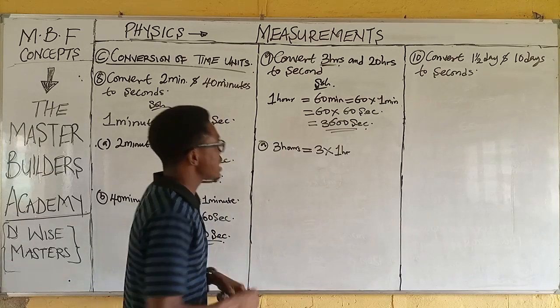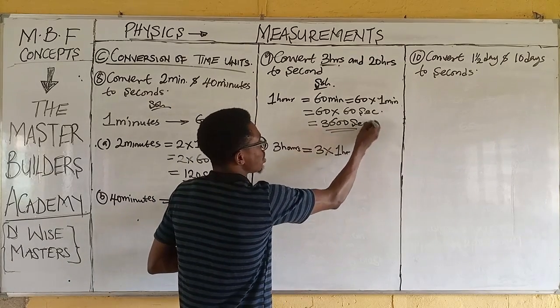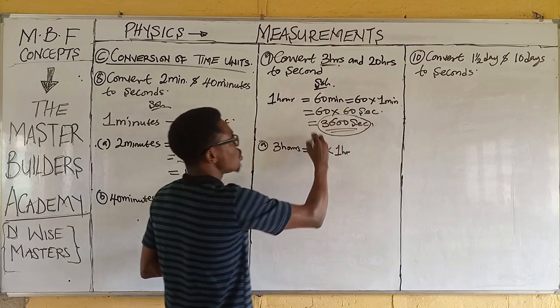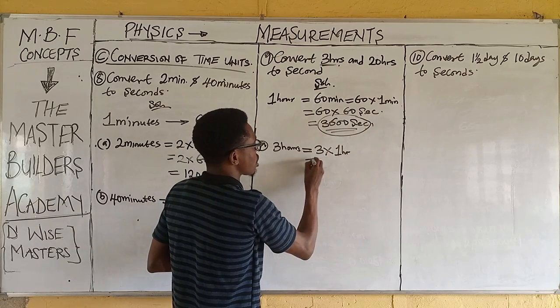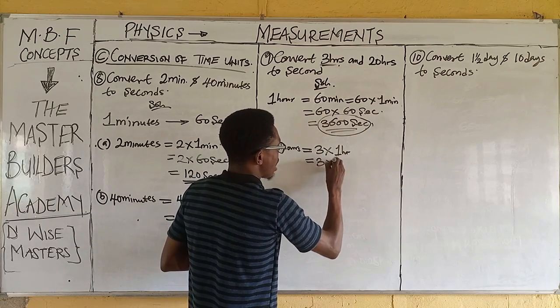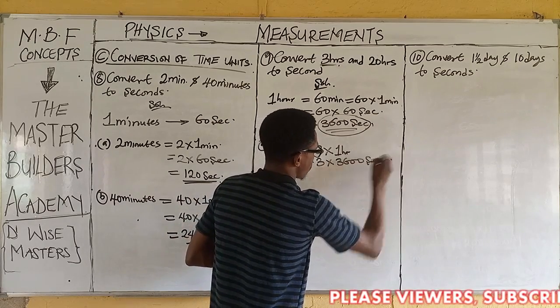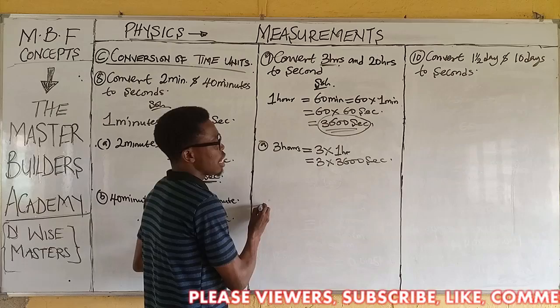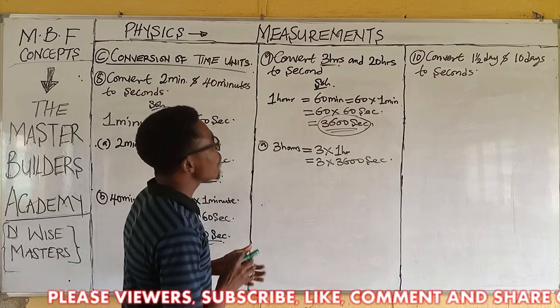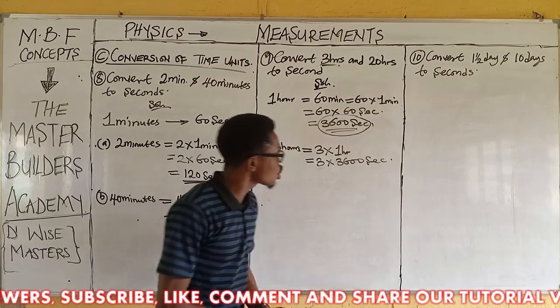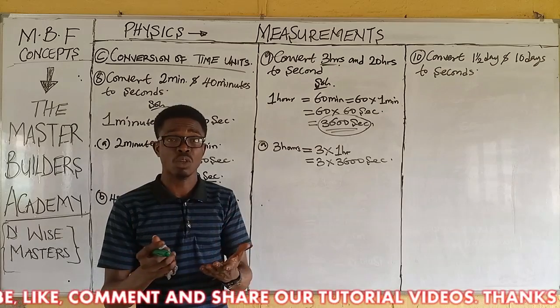Are we there? So in this case now, all I just need to do, since I know this value, and I have showed you how to obtain this value, I will simply replace 1 hour by 3,600, now in seconds. Now guys, if we multiply 3,600 by 3, you can use your calculator, right?